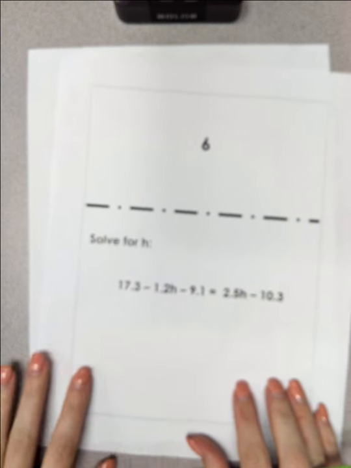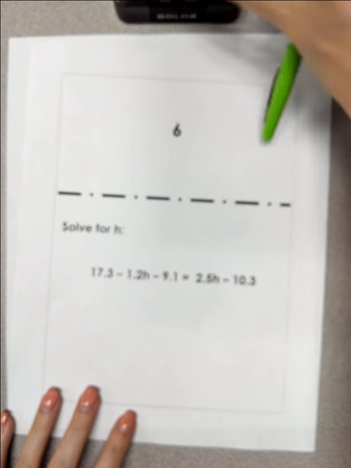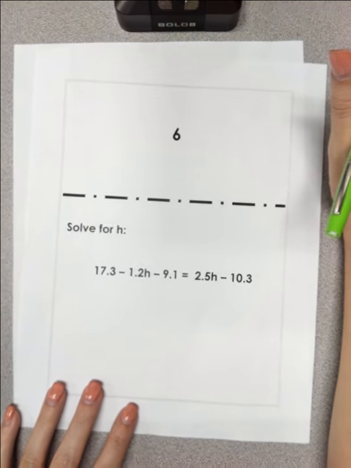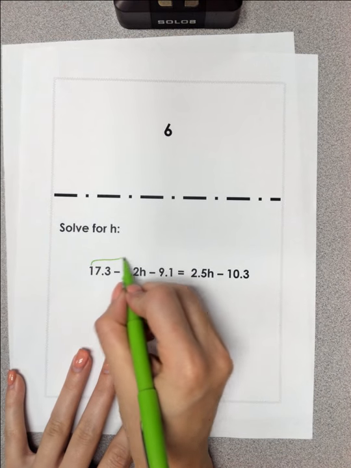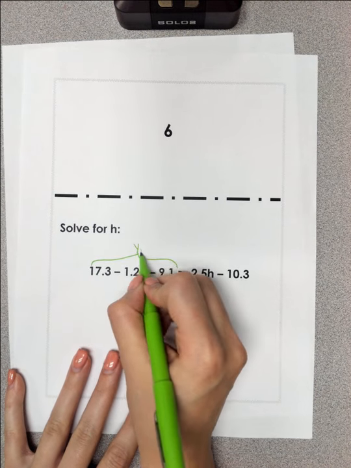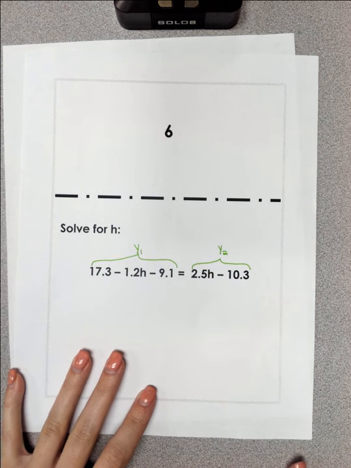So here, yay for decimals. Hold on, let's wait for it to not be blurry anymore. There we go. Okay, so again, if you want to put this in y1 and this in y2, go for it.